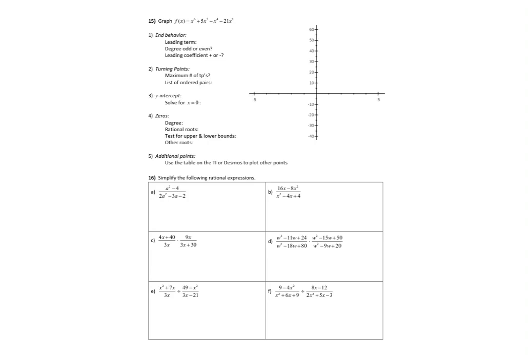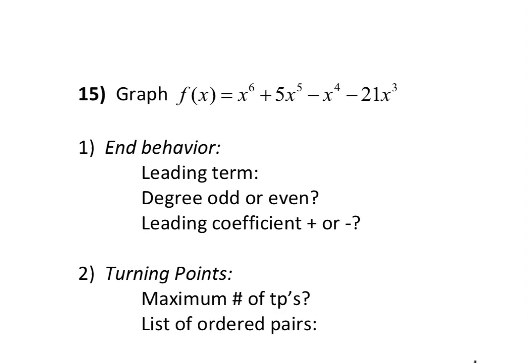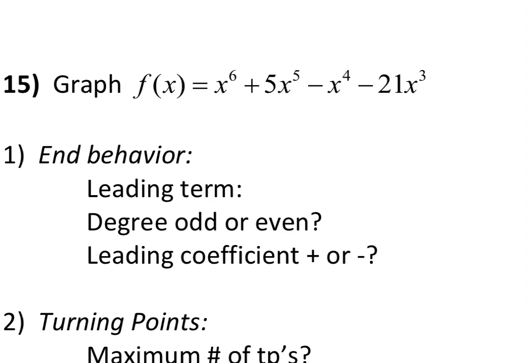Let's do one more graph before you get into the rational expressions. And so you want to pause the video for a second and go ahead and type this function here into Desmos and click around a little bit to see how it looks.